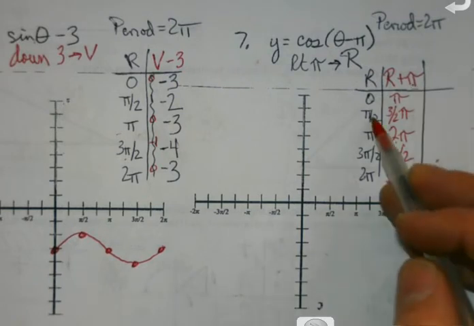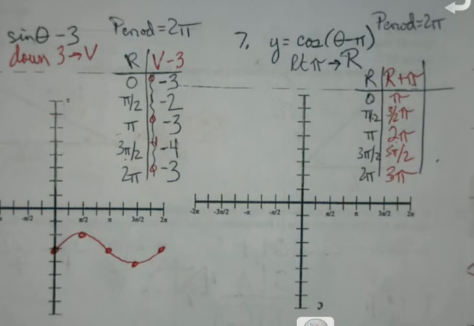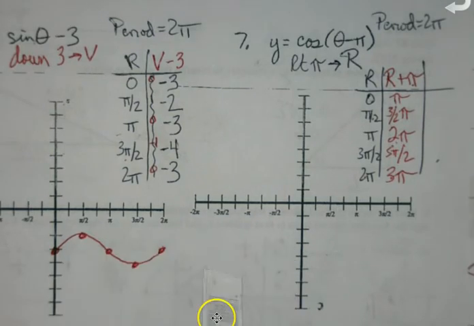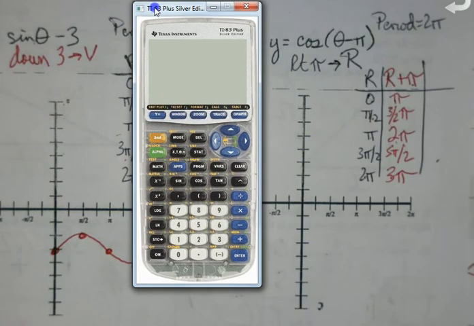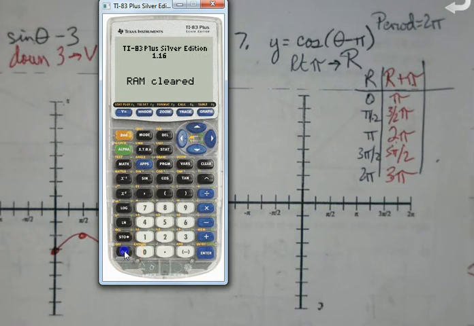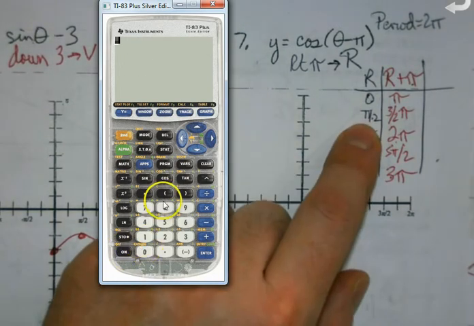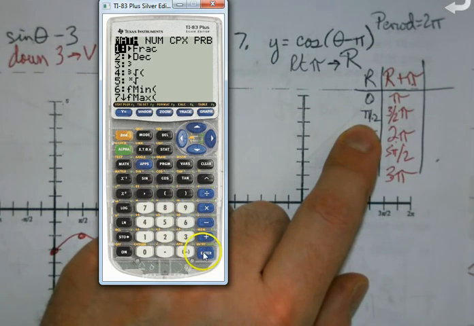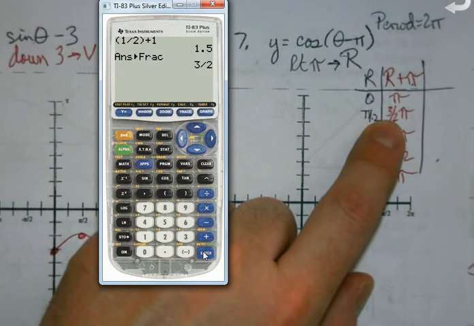remember, if I'm adding pi to this, there's a couple of things I could do. Worst case scenario, again, I cringe a little bit, but we do what we got to do to make this work. If I had to, I could look at this and say, okay, pi over 2 is the equivalent of 1/2, and I'm adding 1 to it. Okay, it's 3 halves. It's 3 pi over 2.